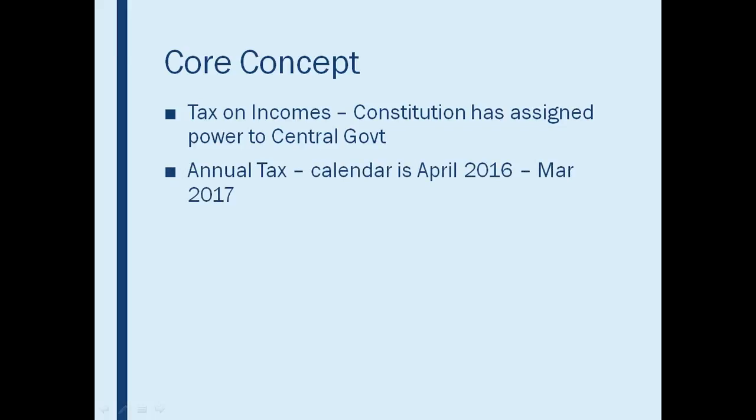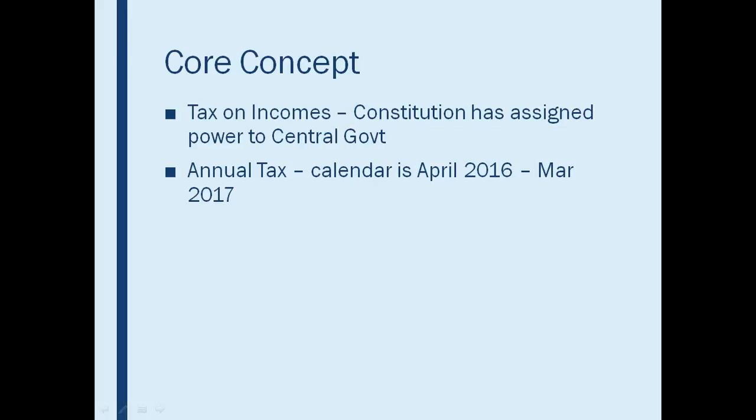It is an annual tax, so every year you earn income, and in the next year, that is just in the following year, you need to calculate the income tax and you need to pay. So the calendar is like April 2016 to March 2017.